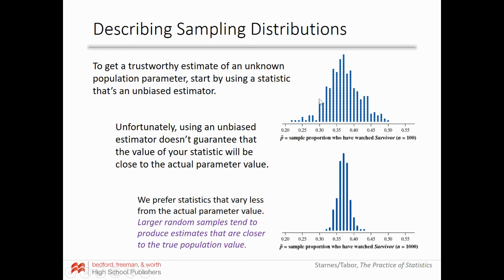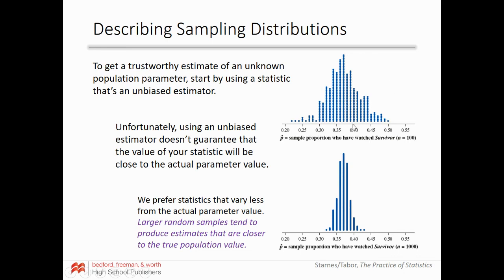So, for example, say this is my sampling distribution with my sample size n of 100. If I took the mean of my sampling proportions, that would still equal p. So p-hat is an unbiased estimator.